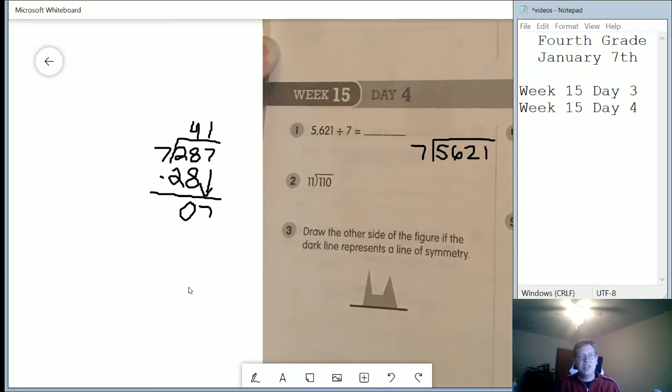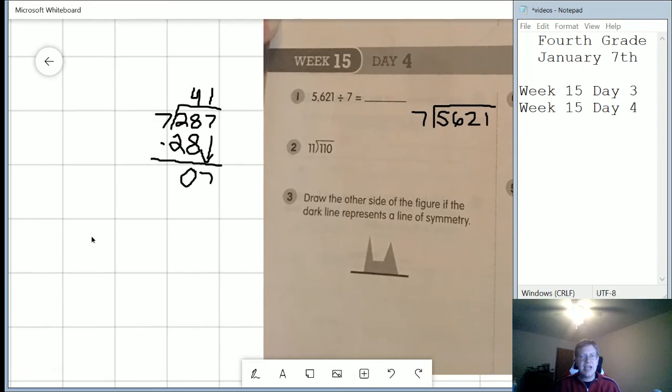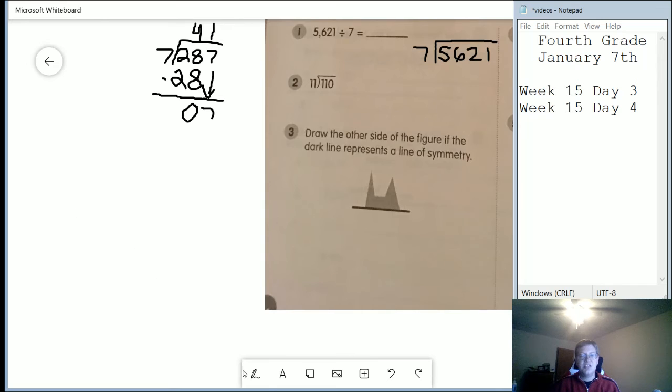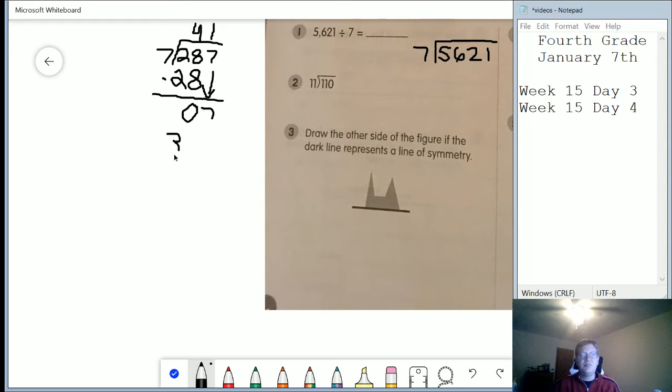Another example we could do where we would actually have to subtract. Let's say I change my starting number slightly. Oops, let's not do that.